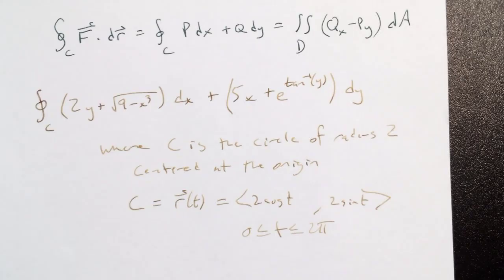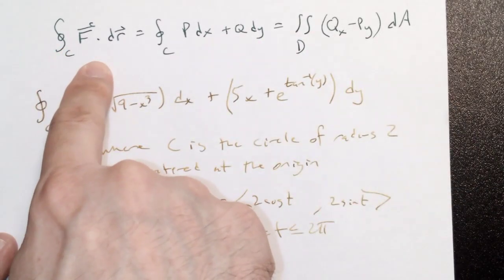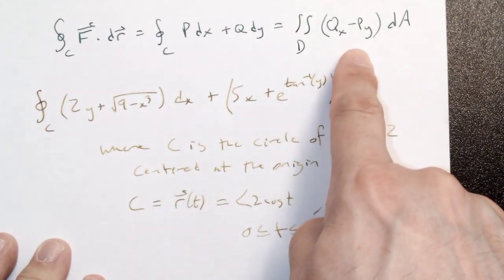Matter of fact, it would be a lot easier to do it in polar coordinates, wouldn't it? But doing stuff in polar coordinates is a doubling. I'd be integrating on the inside of the circle, as opposed to on the edge of the circle. But that's exactly what Green's theorem tells me I can do. I can convert a line integral into a double integral.